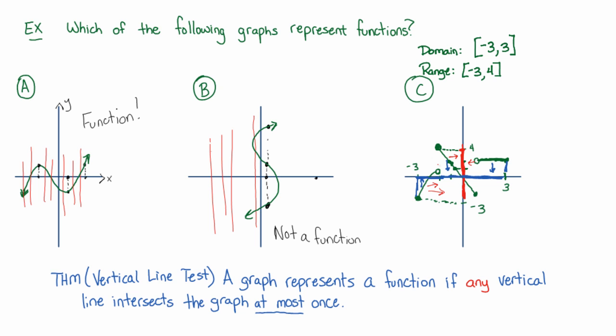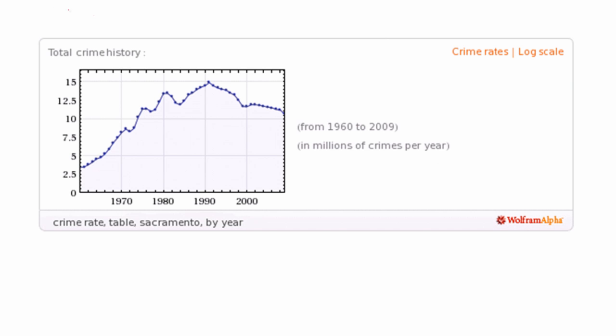As a final example for graphs, I just want to mention most data-based graphs, so real graphs, are representative of functions. This is a crime rate for Sacramento, California by year from 1960 to 2009, and this is in millions of crimes per year. It's not really crime rate, but it's the number of crimes.